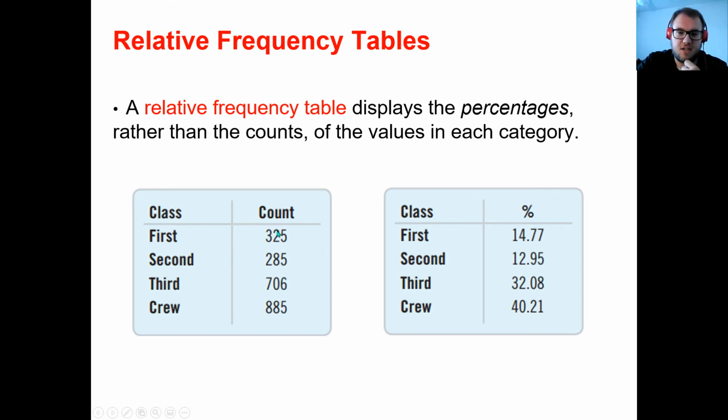How to do this would be to sum all these up and divide, so we would divide 325 by the sum of all of these, then multiply it by 100, and that's how you get the percentage by class. I would recommend double checking to make sure that these percentages are right, because I think it would be very good practice for you.